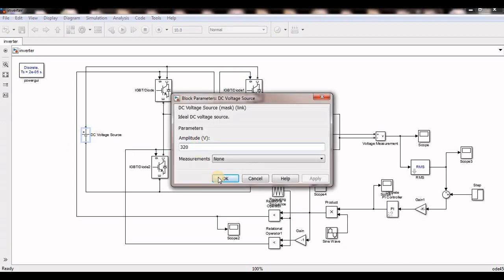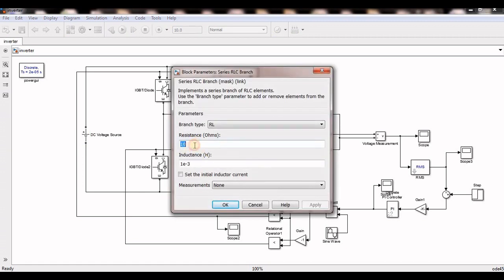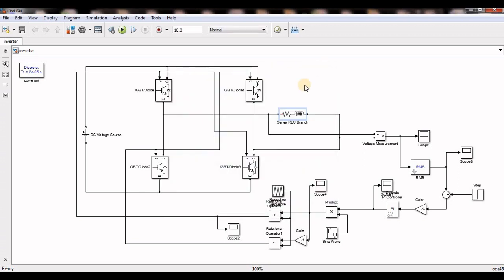See, this is 320 volts. 320 volts is my peak, not RMS, it is the peak of my output voltage. This is RL load. I took resistance as 10 ohm and inductance as 1 millihenry. We can take 2 millihenry or 3 millihenry, it doesn't matter, only the current shape will be changed, not exactly the voltage, the current.